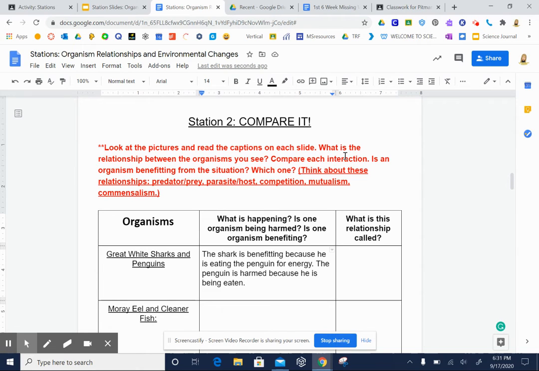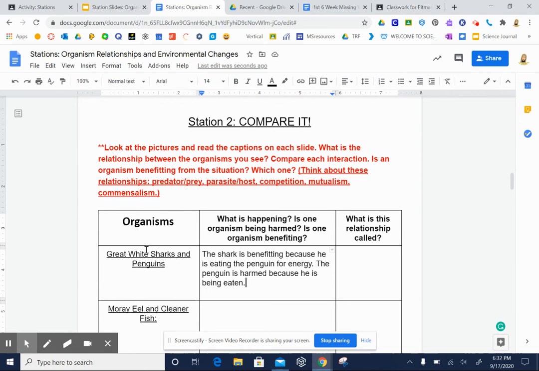Compare each interaction. Is an organism benefiting from the situation? Which one? So we answered that. Then it says, think about these relationships. Predator-prey, parasite-host, competition, mutualism, and commensalism. Now, these are all things I went over in the bell ringer video. So if you don't remember, go back and watch that video.